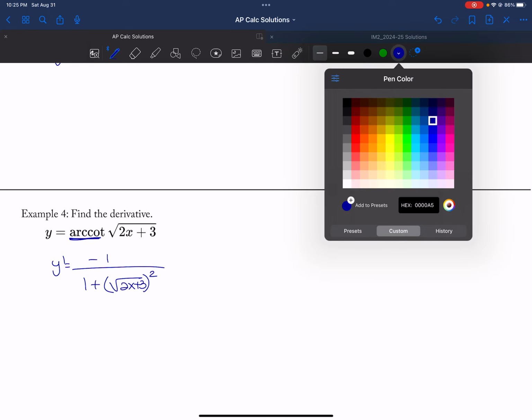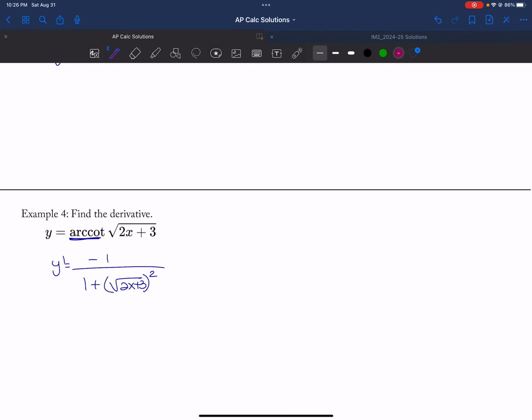Now I got to do the derivative of my inside, which is a square root. So that means 1/2 times 2x plus 3 to the negative 1/2 power. That deals with everything except for now I had to deal with the derivative of 2x plus 3, which is just 2.